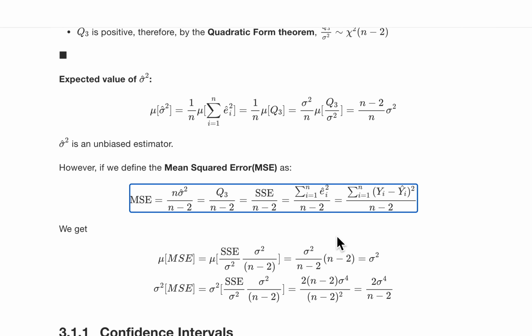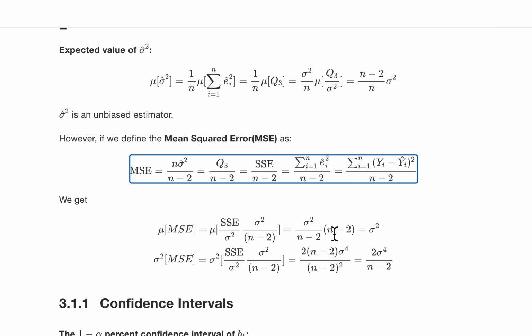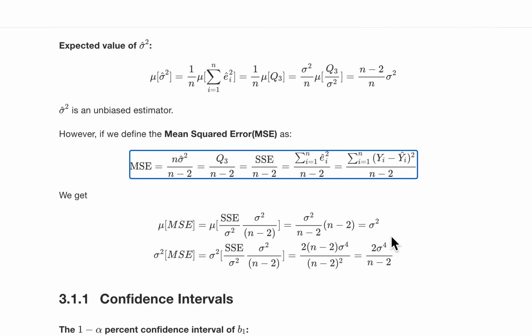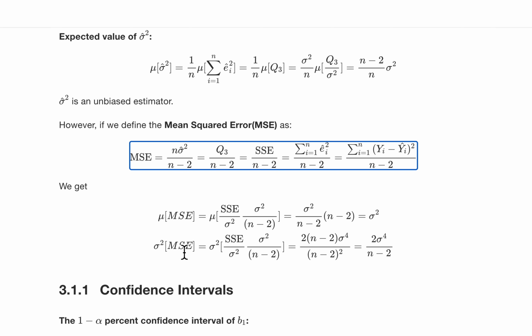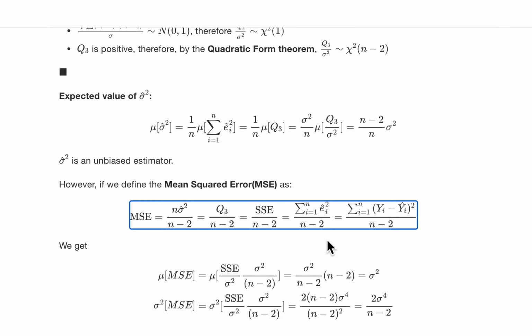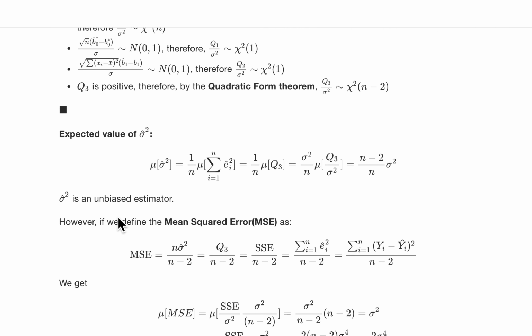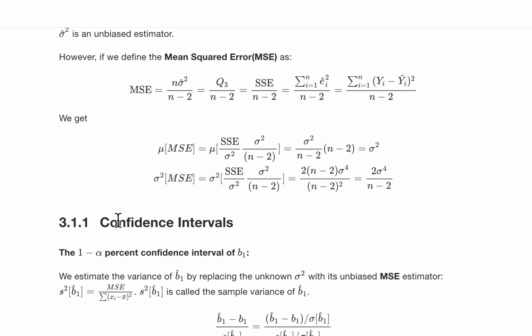So this is called mean square error, and mean square error is an unbiased estimator of sigma squared. The variance of the mean square error can also be found easily. Okay, so now mean square error is good. We found estimations of B0 star and those other parameters, and the point estimation for sigma squared as well, using mean square error.